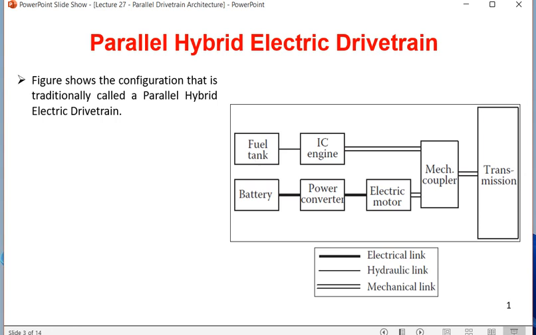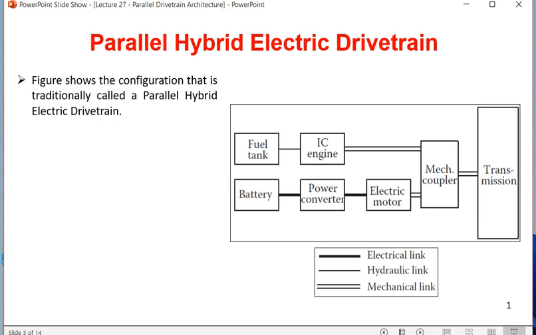It's a normal IC engine which is generating rotation, that is a mechanical output, which is going to the mechanical coupler. Yesterday in series hybrid we had found that this IC engine output was getting connected to another generator. The generator was getting mechanical input and producing electrical output. Depending on the type of output motor, the output of the generator could be AC, could be DC.